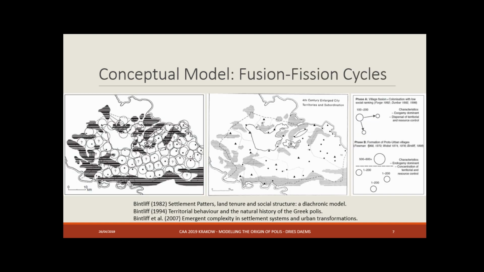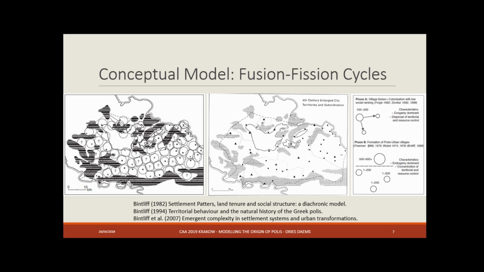The first element I would like to highlight is that of fusion-fission cycles. And I draw this concept from the work of John Bintliff, who delivered the keynote earlier at this conference. Basically, what he saw in his model of polis formation in Boeotia, in mainland Greece, is that in early Iron Age times you had a dispersed landscape of habitation.